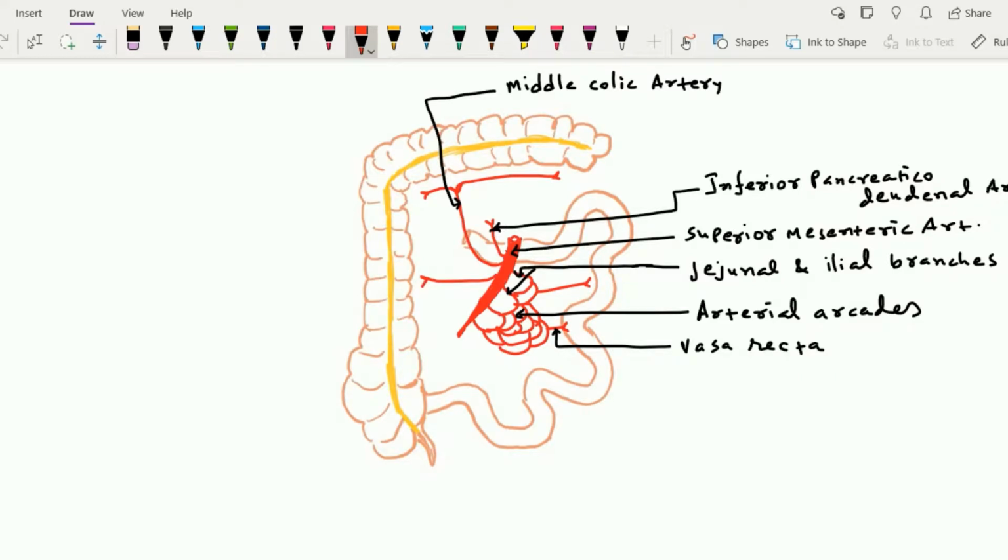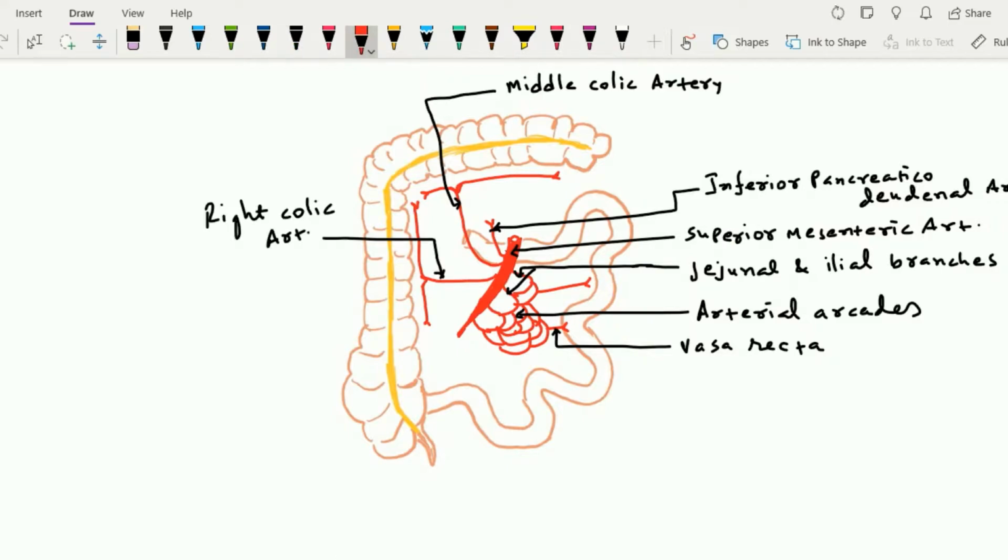As the ascending colon is present on the right side and does not have a mesentery or mesocolon, this right colic artery runs retroperitoneally, and as it reaches the ascending colon, it soon divides into one ascending branch, which anastomoses with the right branch of the middle colic artery, and one descending branch, which passes downward and anastomoses with the ascending branch of the ileocolic artery.